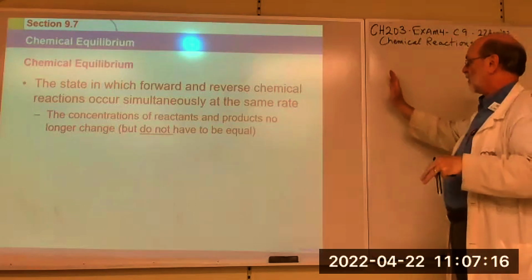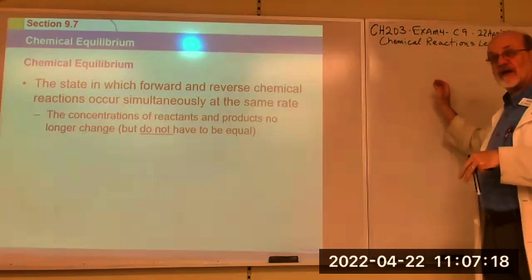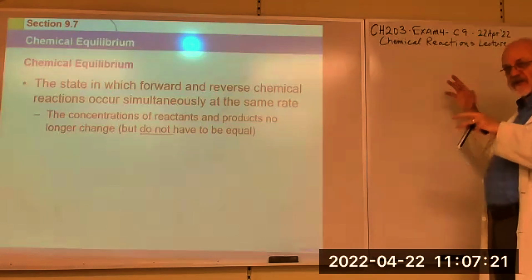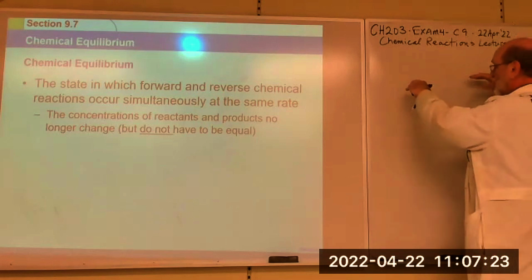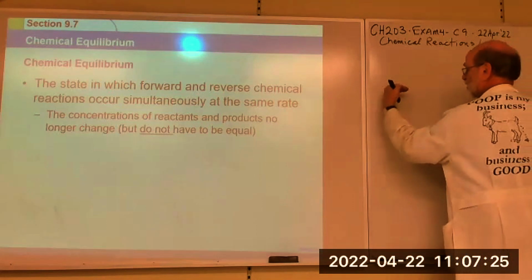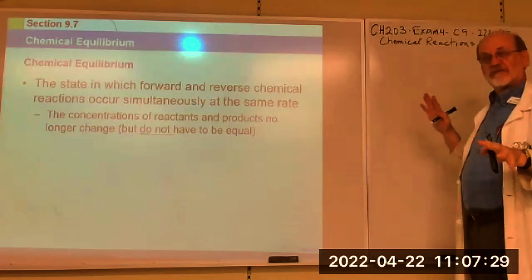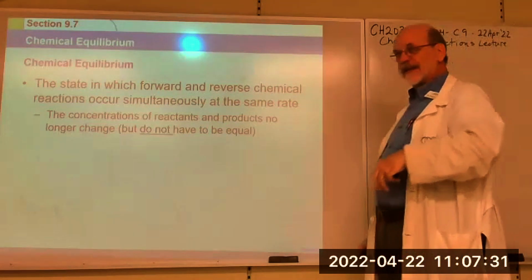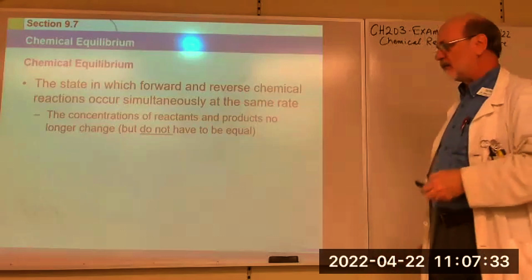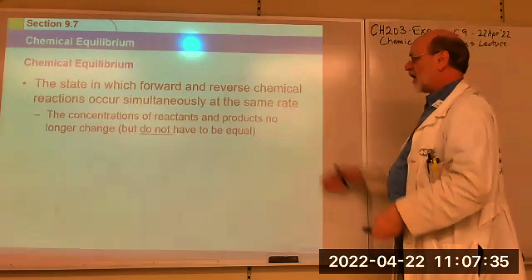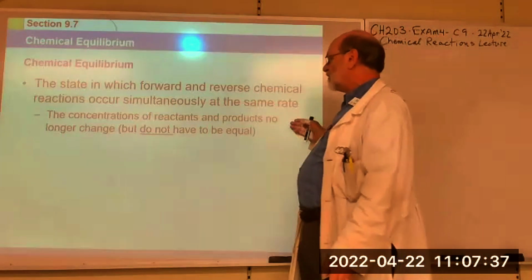So you may start off with all reactants, no products, and then you'll make products, but at some point, it will appear as if you've got this much reactant left, this much product, and it doesn't change. That's an equilibrium state, a chemical equilibrium, where the concentrations appear to not change.